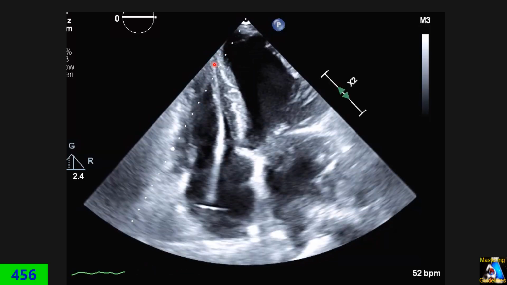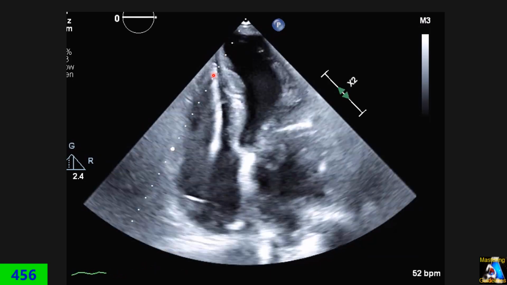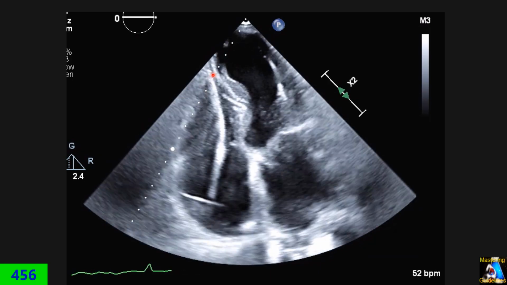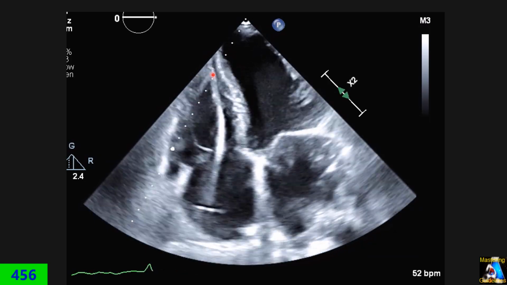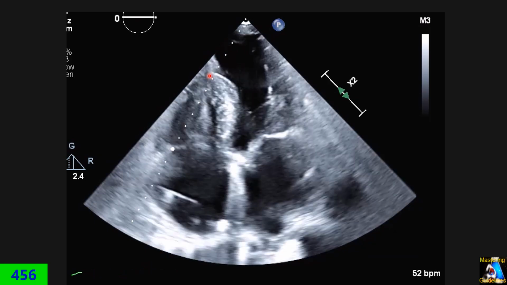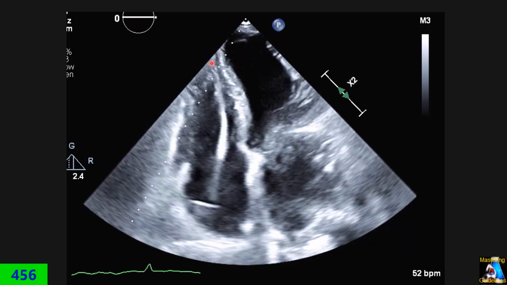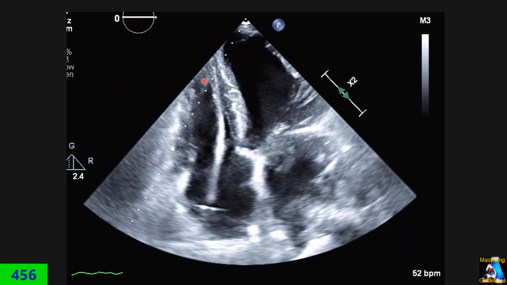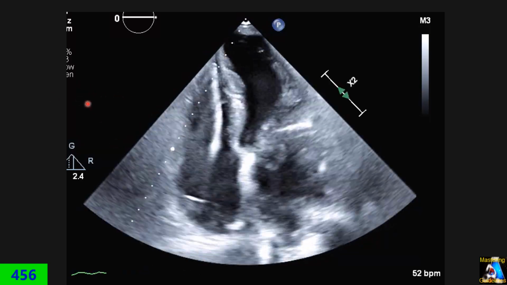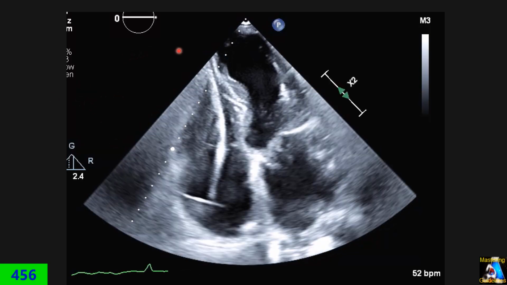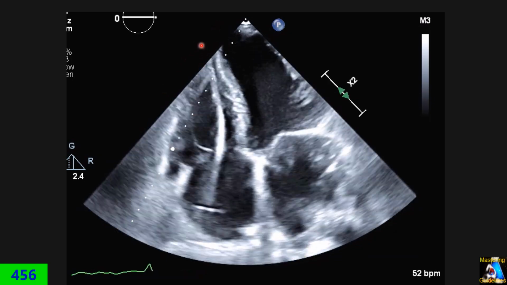If we try to open up the tip of the lead or wire, we can see it and approach it, and see exactly where the lead has been anchored. If we cannot see the end of the tip, just move a little higher and medial, from four-chamber to the medial off-axis, fanning to the left of the patient with sweeping up and down.